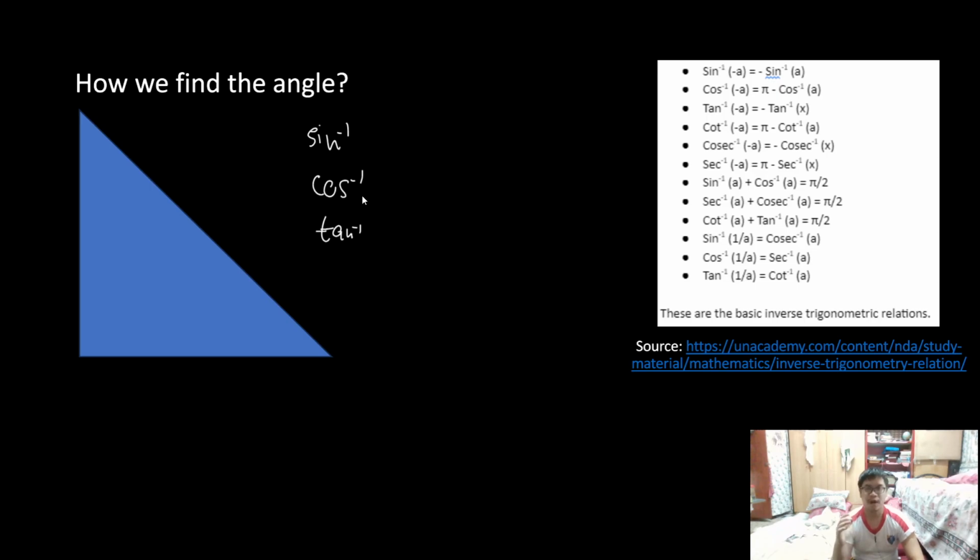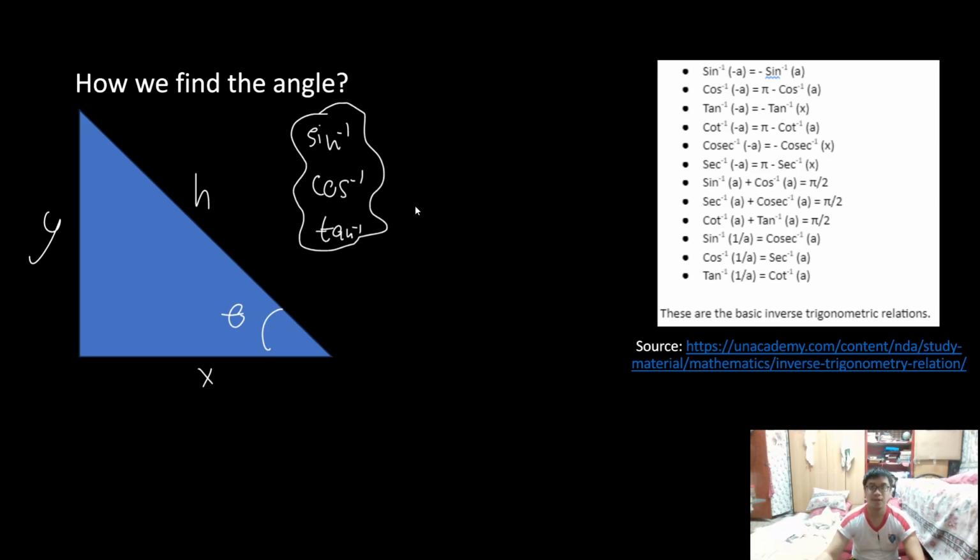For example, if you want to find the missing angle, just know these three inverse functions. These are the very important trigonometric functions. So if you have the missing angle here, with your x, your y, and your h, instead of using other trigonometric ratios, just use these three basic ratios and their inverses: arcsine, arccosine, and arctangent.